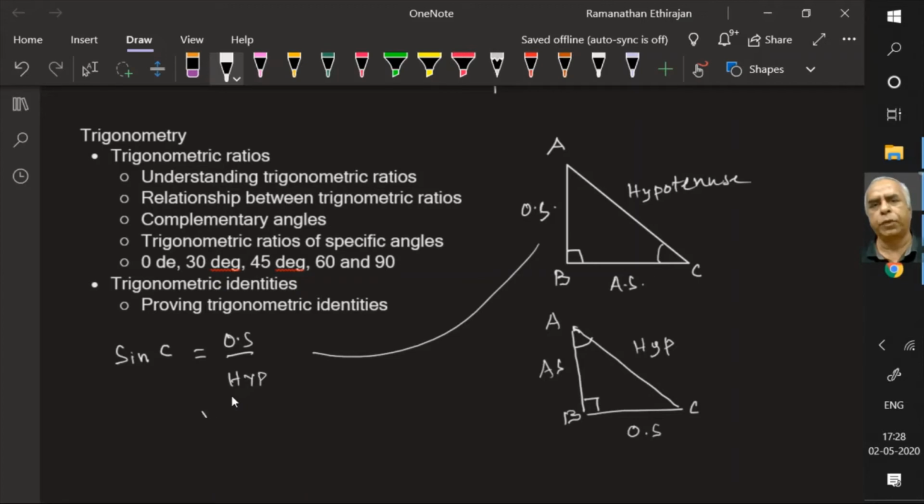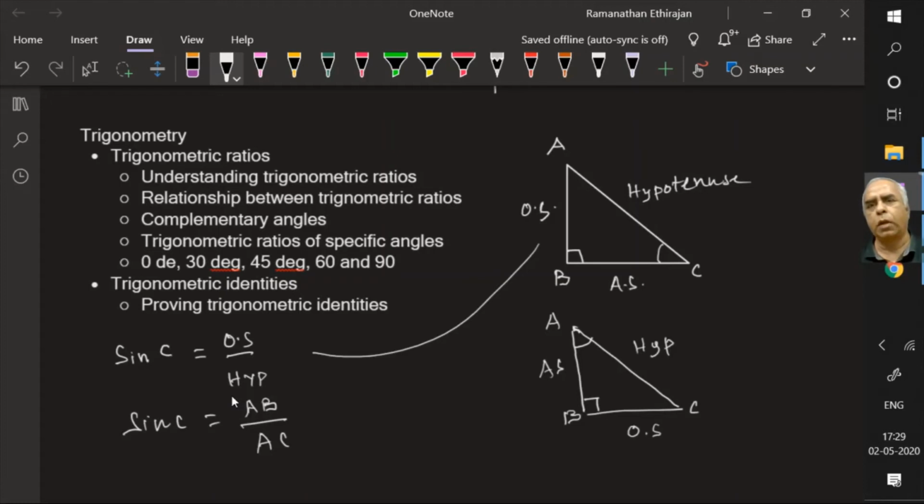Opposite side is AB, hypotenuse is AC. Do you understand? So this is called sine C.